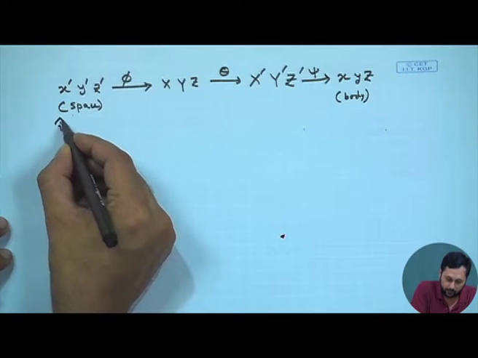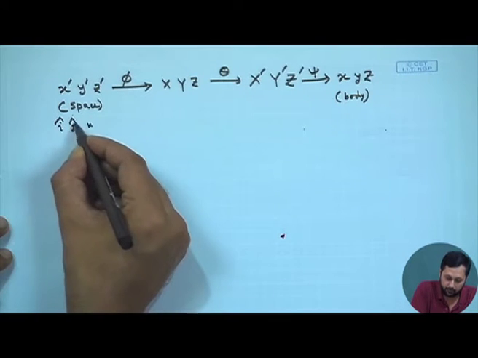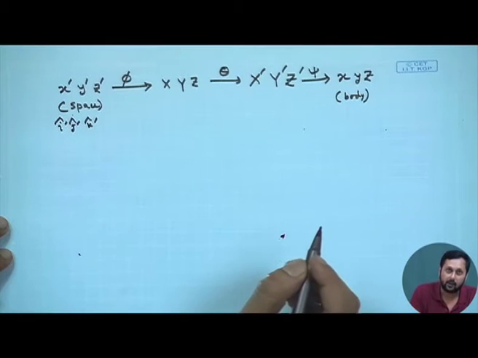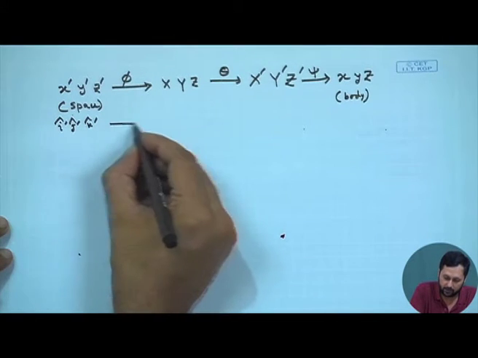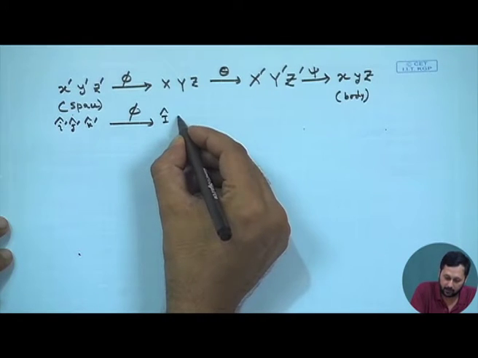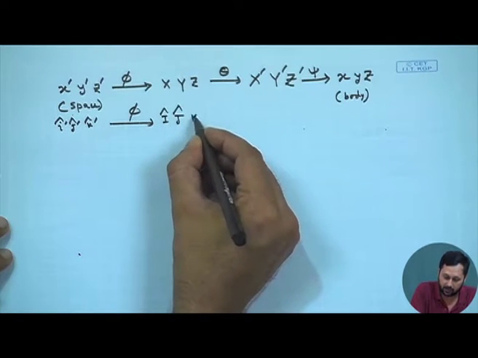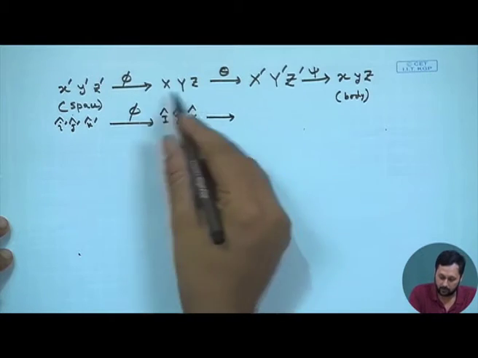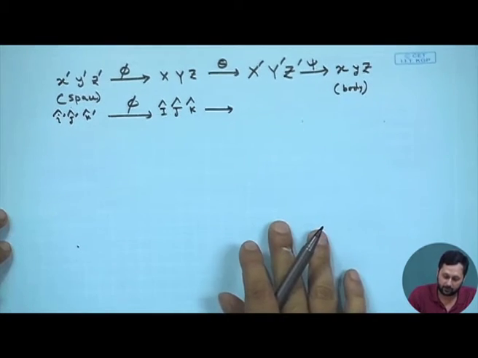Initially, we have i prime, j prime and k prime as our set of coordinates. Then after the first phi rotation, let us say we have capital I, capital J and capital K as our three direction vectors.